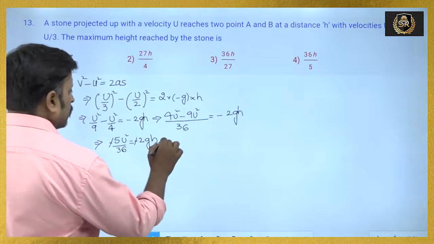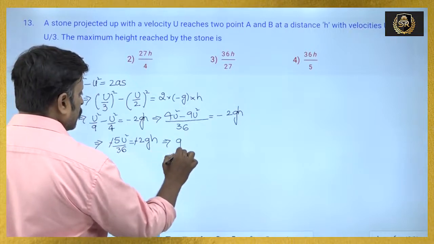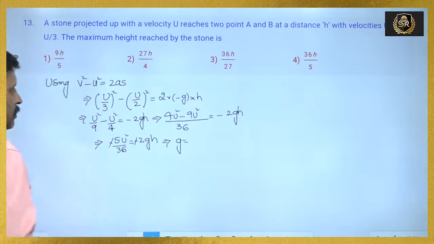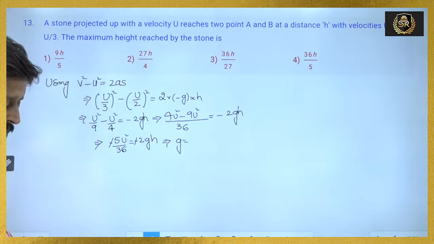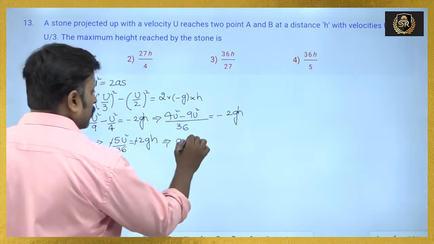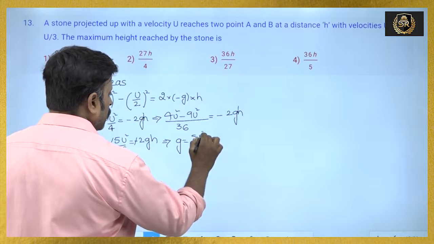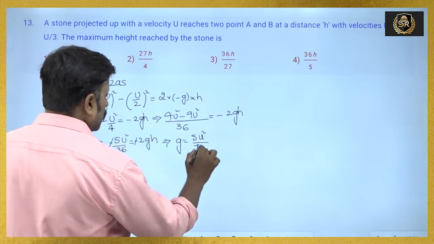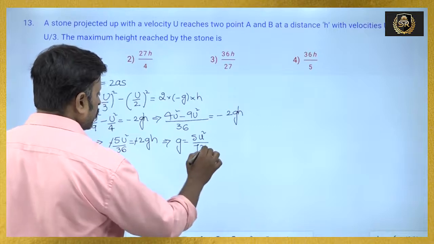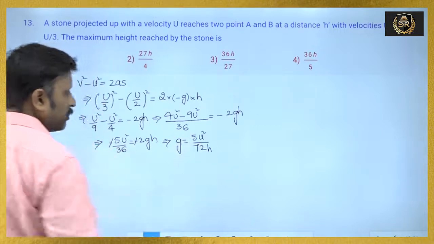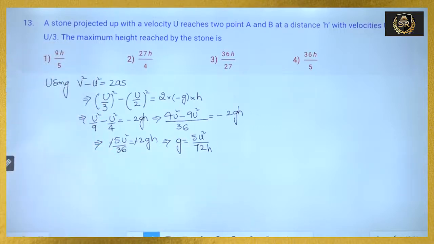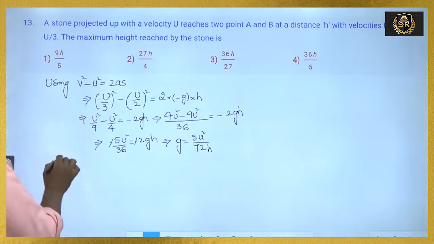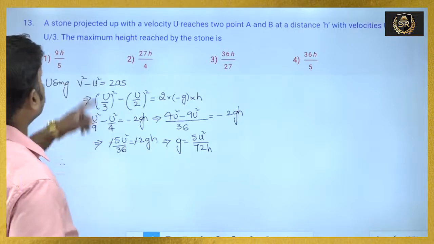Let's see what is the value of g then. g is equal to 5u square by, if you cross multiply with 36 into 2, 72h we are getting. Okay, therefore we want a maximum height, no?